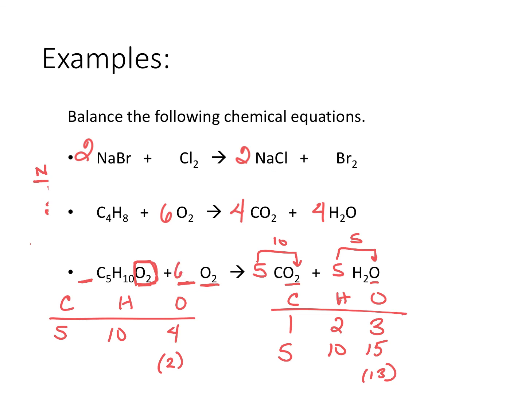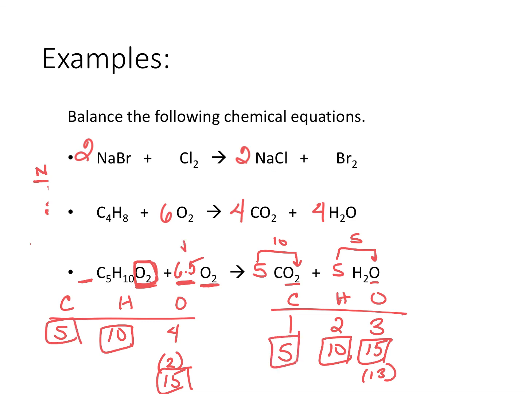Well, I can take this times 6.5. So now I've got 2 plus 6.5 times 2. So 6.5 times 2 is 13, plus 2 is 15. Product side, I still have the 5 times 2 is 10, plus the 5 times 1 is 15. So currently oxygens are balanced, hydrogens are balanced, and carbon is balanced.